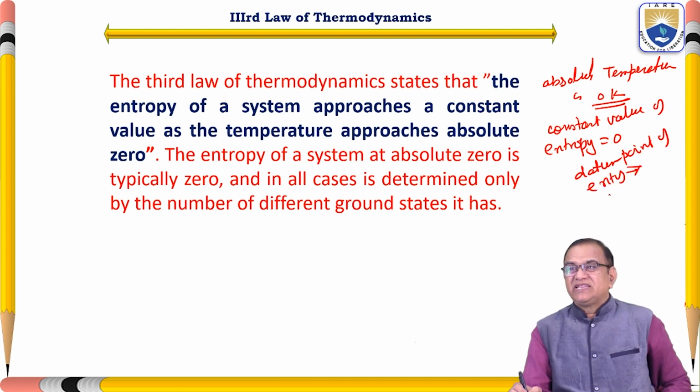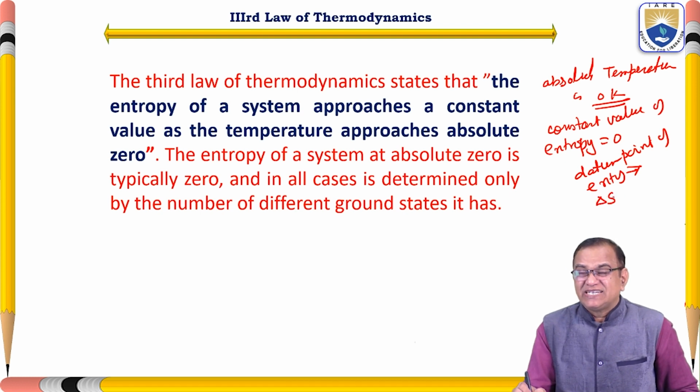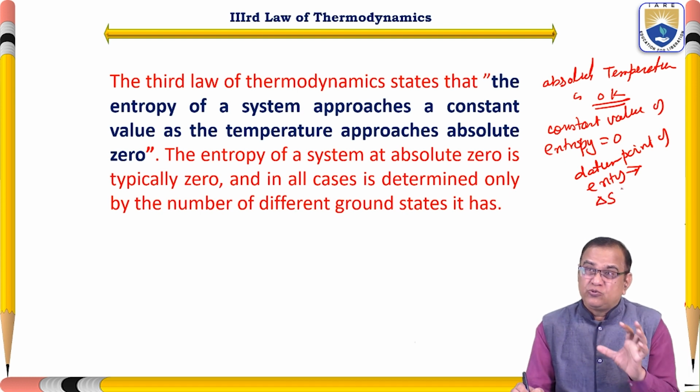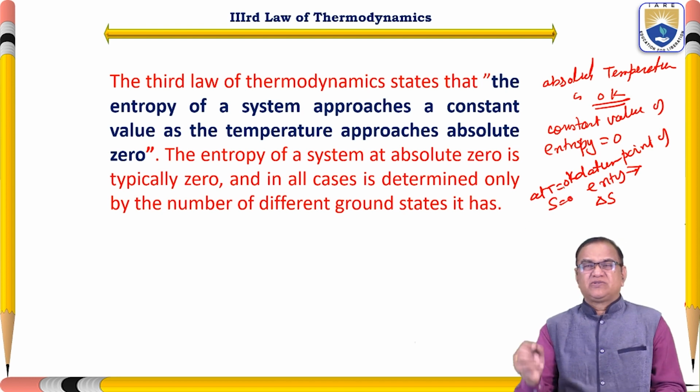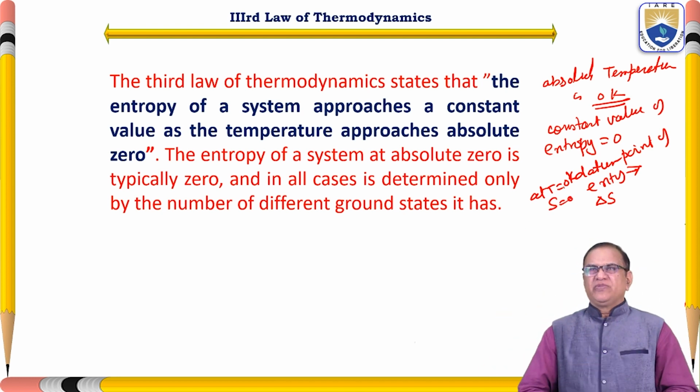In other cases, it will be a different S, that is the delta S, a difference between 2 points. But at temperature 0 K, S will be 0. So this is the third law of thermodynamics.